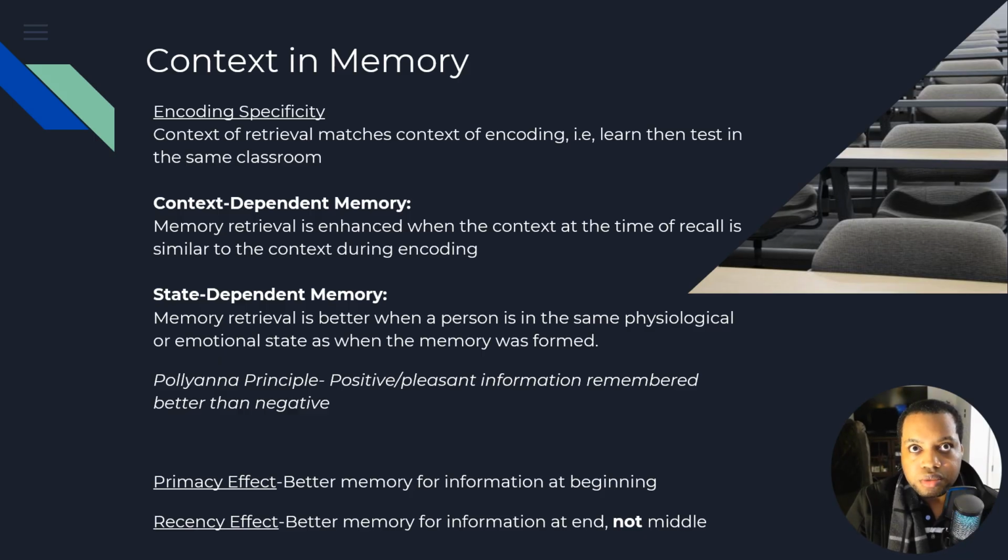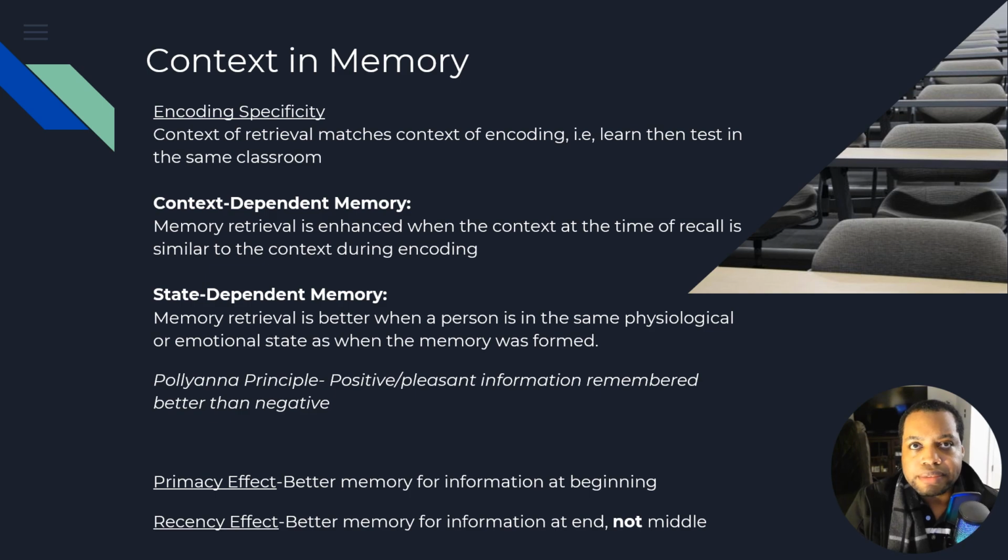So ideally your recall of the material should be better. Context-dependent memory relates to context at the time of recall being similar to the context during encoding, which is more or less what was just mentioned. State-dependent memory is a bit more distinct, and that relates more so to a physiological and emotional state being congruent with how that memory was formed.